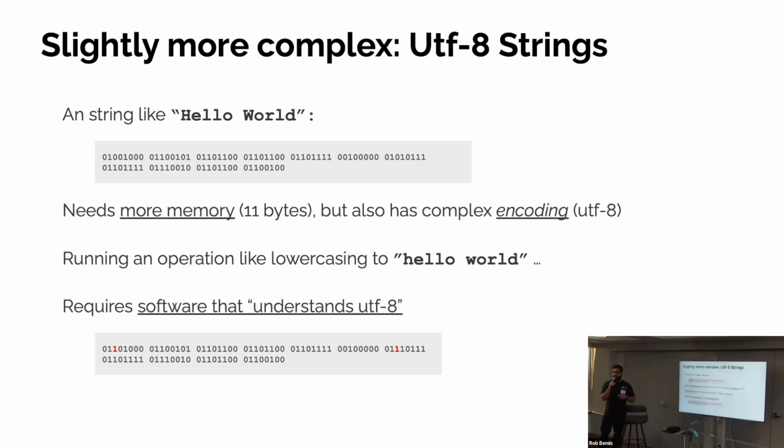If you have that, you have to use an encoding like UTF-8 to map what we understand to something that a computer understands. But this also means that if I want to run an operation like lowercase, split by string, or find if it has the word world inside of it, I have to write software that understands this encoding of UTF-8. So that's some complexity we have to add to our system.